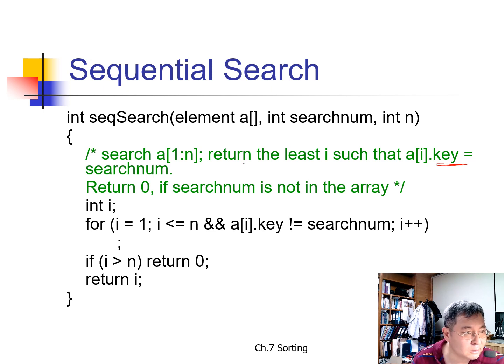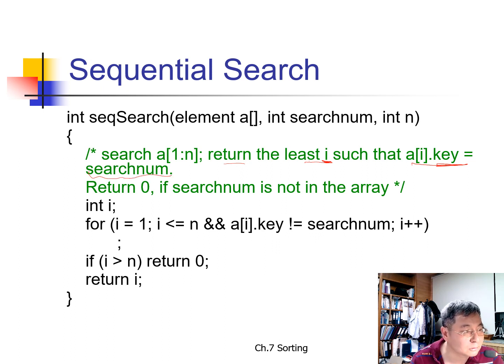It will return the index i. The i means the index of this input array where the key value is equal to the search keyword.